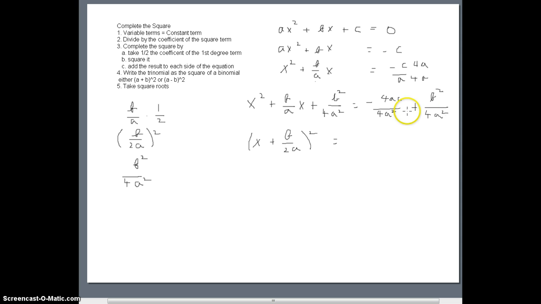I'll rewrite this with the single denominator 4a squared. The numerator will be b squared minus 4ac.